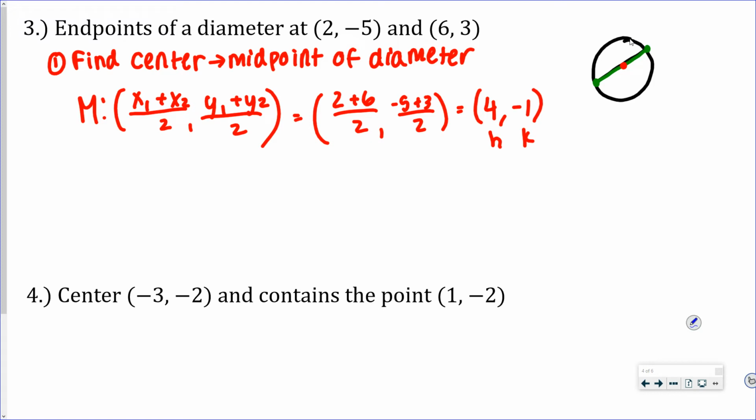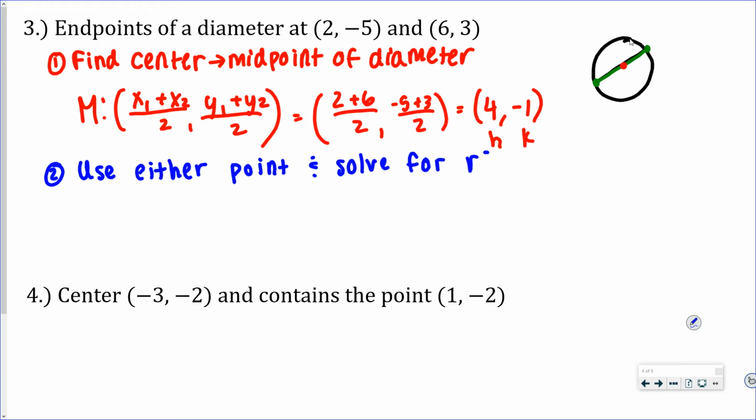And I kind of like this method because you'll use it in your future math classes. We do this process a lot, if you will. So what we're going to do is we're going to use a point on our circle. I'm given 2 of them. I'm going to plug it into my equation, and I'm going to solve for my r squared. Okay?